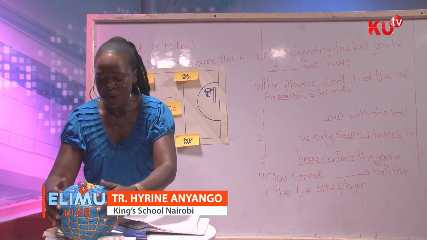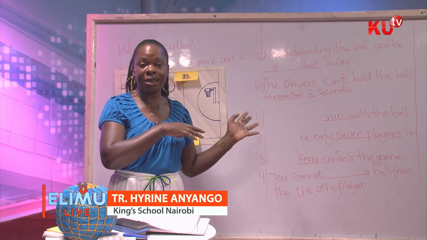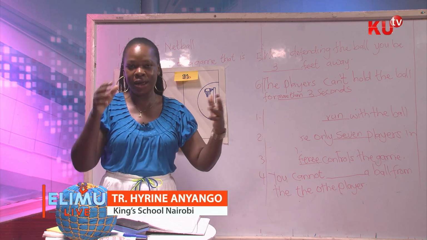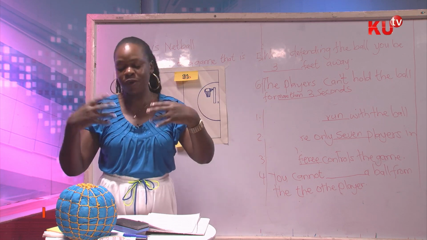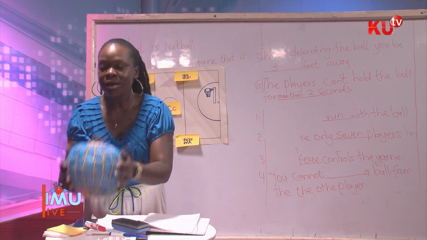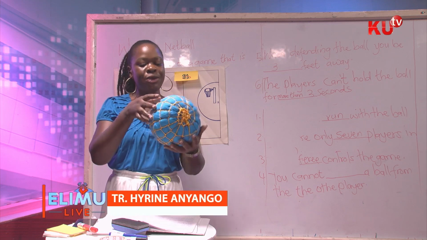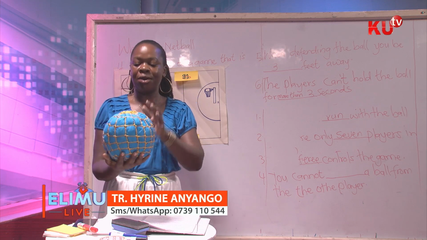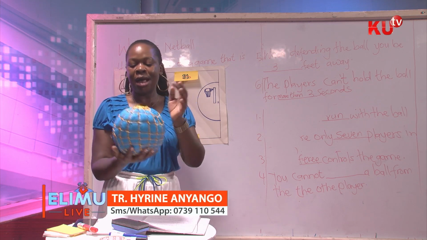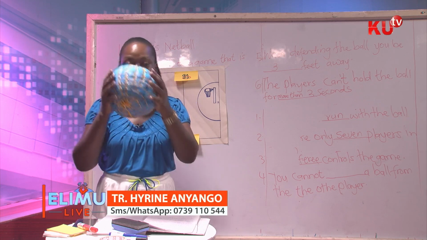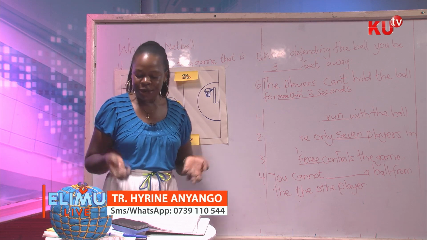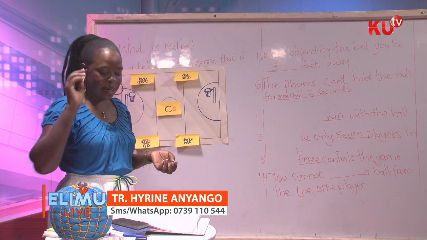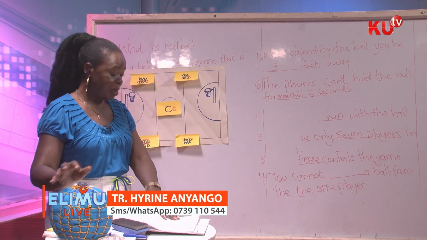You can look for old newspapers or any old garment or rag that is not in use. Instead of throwing them away, you can use them to make the ball. You can use the shopping bags that are not being used, and then you make your ball. You can look for a string, just make your ball, and then you'll be able to go out and execute netball.